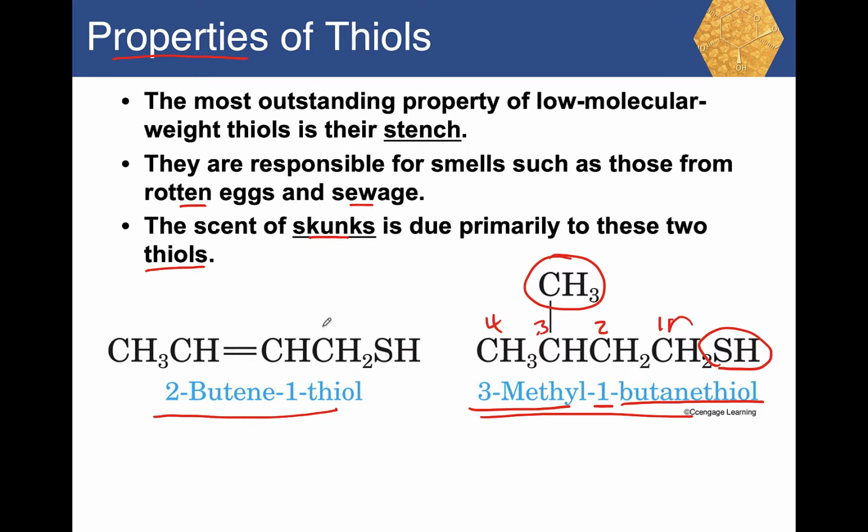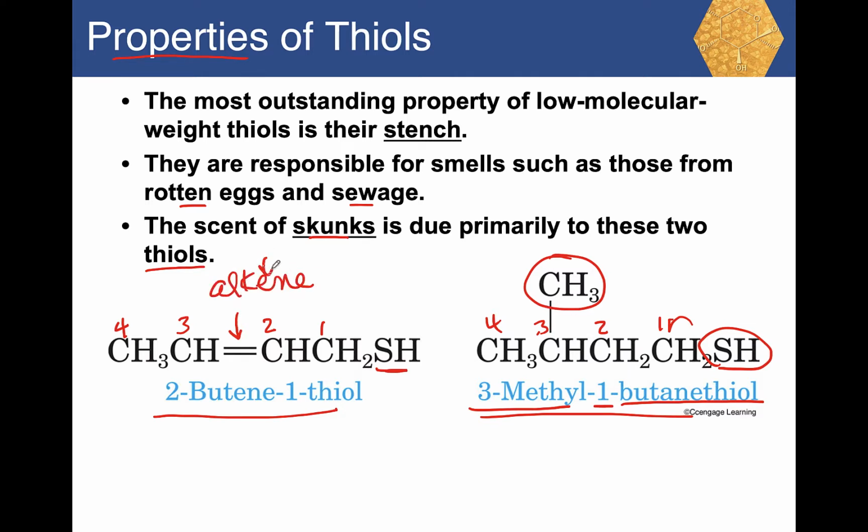Here's another one that's a little different because it has a double bond, but we still start numbering from the end closest to the functional group. 1, 2, 3, and 4. So it becomes butane thiol. However, there's a functional group here, an alkene.